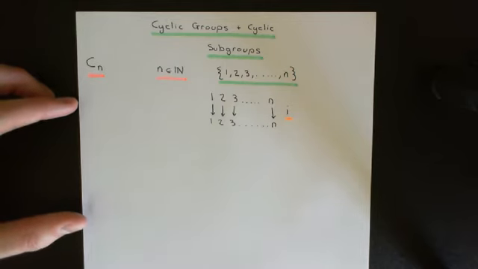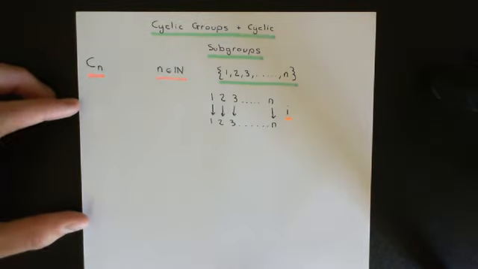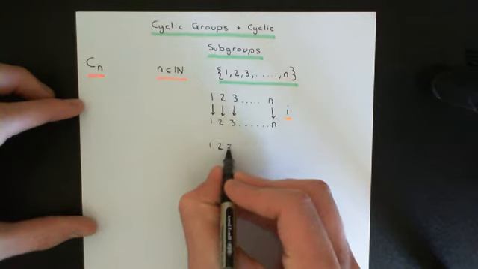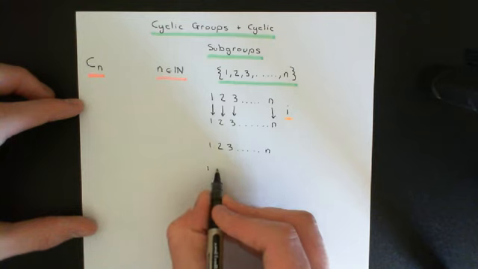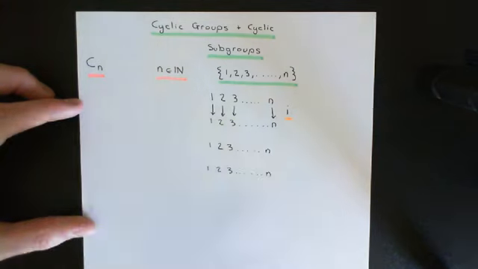Okay, so let's think now about the cyclic set permutation where we move every symbol in this set along by 1. So let me just draw out the set again. So here, 1, 2, 3, all the way along to little n. And then here we've got 1, 2, 3, all the way along to little n.